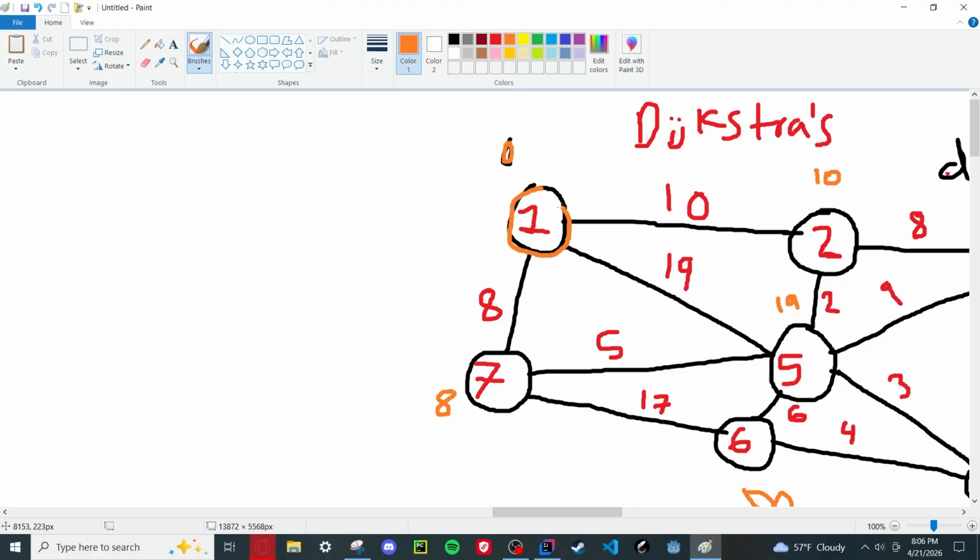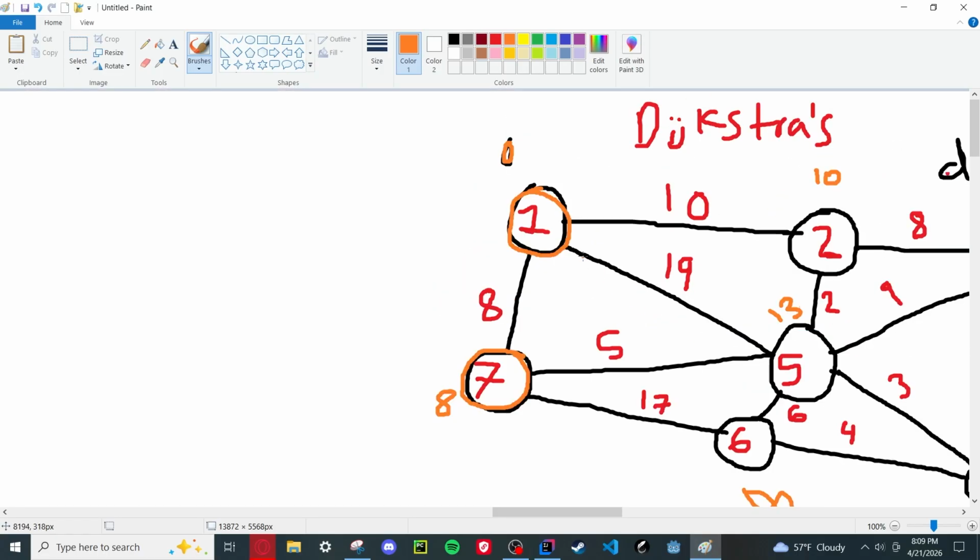Let's finalize it, that's the start. I'll highlight it in orange so it's finalized. Next I'm saying, just go to 7. Can we update anything at 7? I know 8 plus 5 is 13, so we can simplify this down to 13. It's minimum cost.